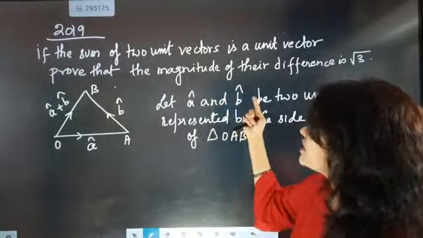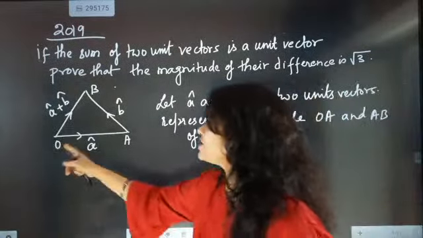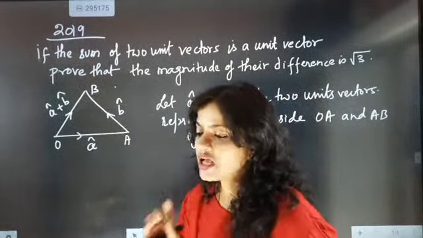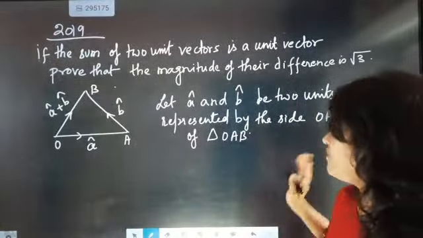We have written them as A cap and B cap: OA as A cap, the A unit vector, and AB as B cap, the B unit vector.